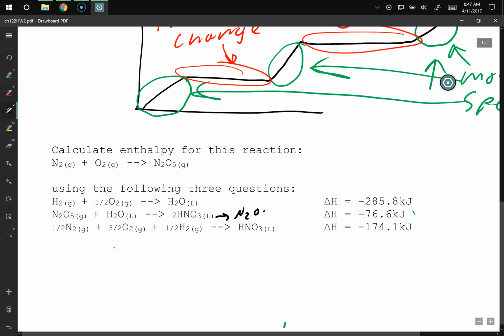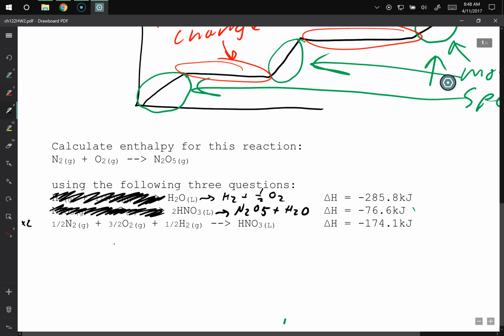And 2O5, H2O. H2 plus a half of an oxygen. Multiply this one by 2, so that becomes a 1. This becomes 3. This becomes a 1. That becomes a 2.